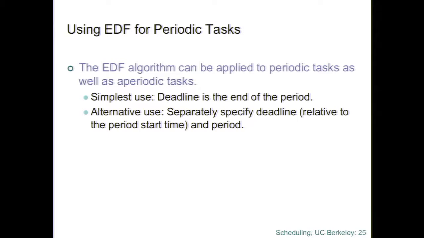So its priority increases as you get closer to the end of its period. Okay? So what's the difference between these two? Will they yield the same schedule? Let's start with that question.